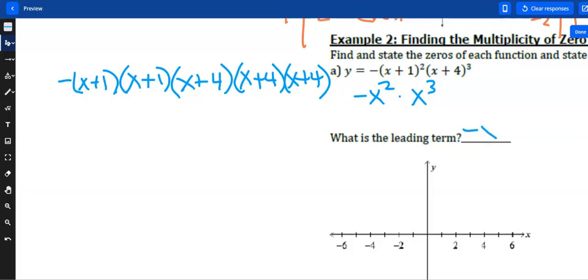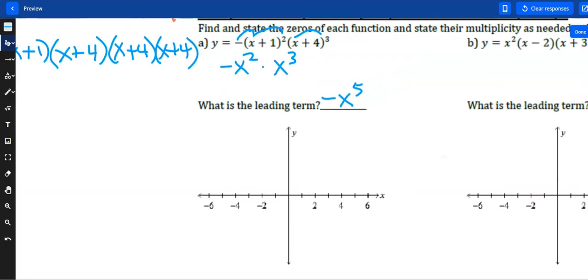Not when you can tell me that -x to the 5th is your leading term, because you're doing -x squared and x cubed. And then we can think about right-hand behavior. Because the leading coefficient equals -1, that would be down. And my left-hand behavior, I have an odd degree. An odd degree means opposite, so this has to be up.